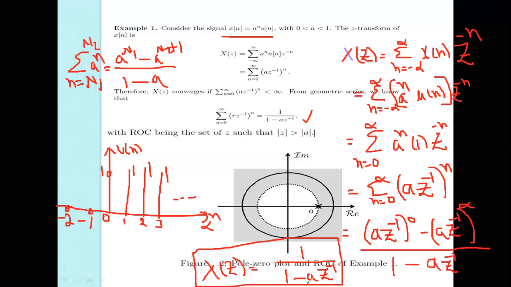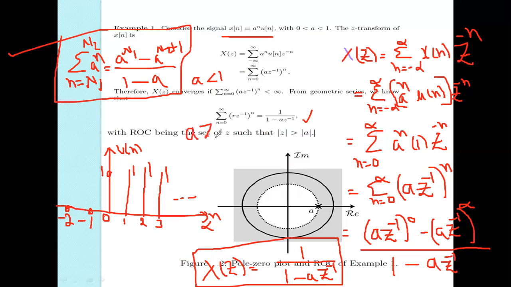And now, in this condition, a is always less than 1. Whenever you use this formula, a is less than 1, otherwise you'll get a negative value. So what is the a here?